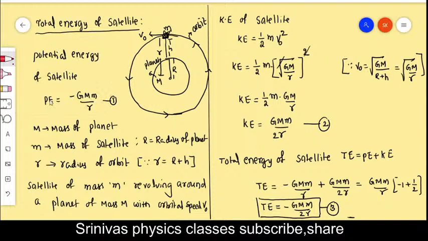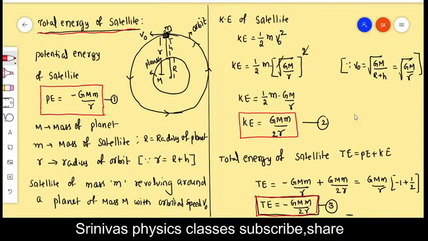You see here, this is the formula for the potential energy of a satellite, this is the formula for the kinetic energy of a satellite, and this is the formula for the total energy of a satellite. Now let us see the relation between the kinetic energy, potential energy and total energy. For the purpose, you listen very carefully.